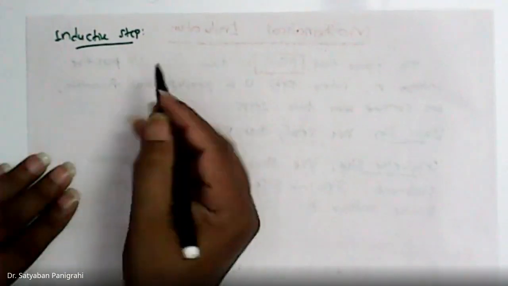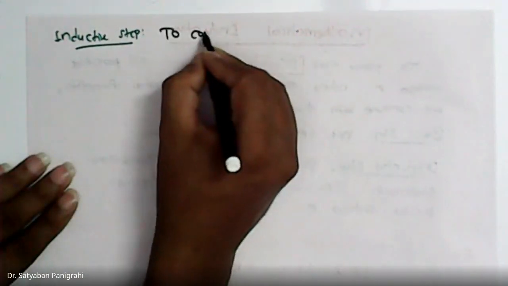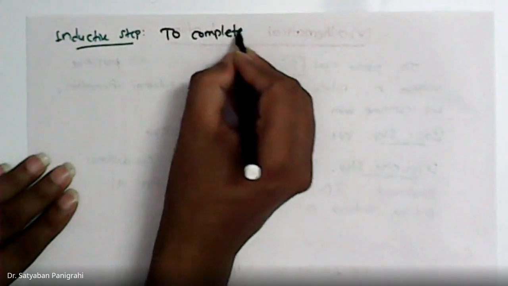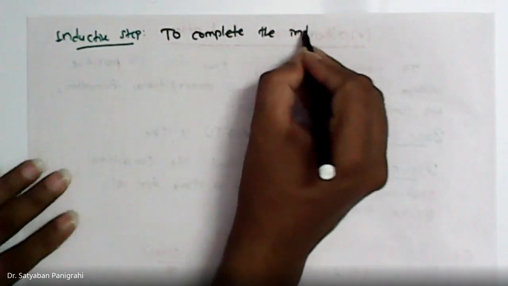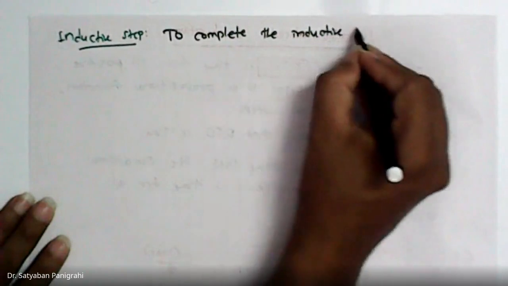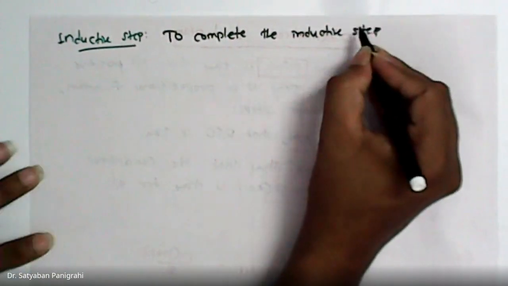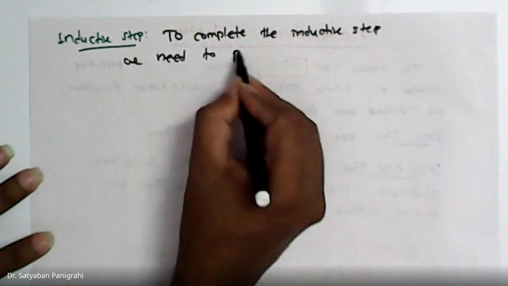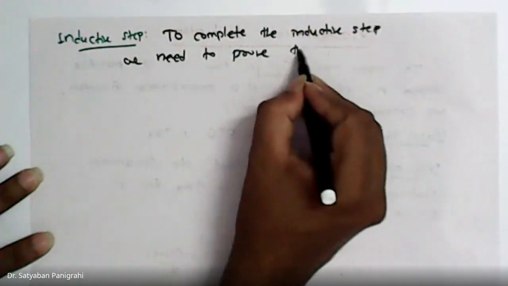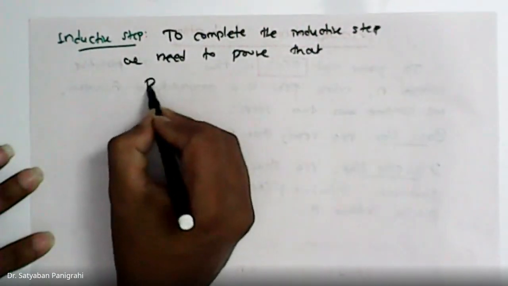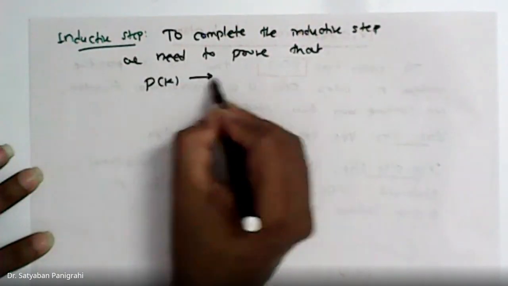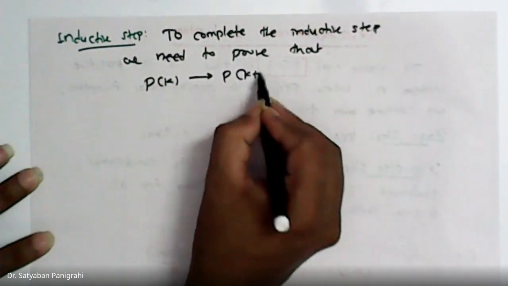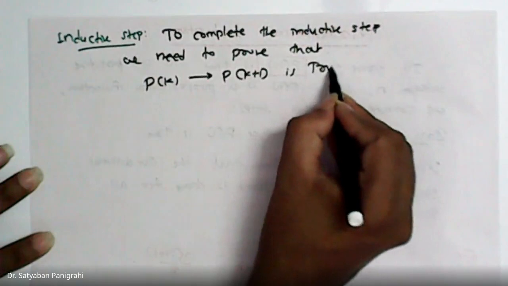We assume Pk and show for Pk plus 1. That means to complete the inductive step, we need to prove that Pk implies Pk plus 1 is true. Now we need to prove this.